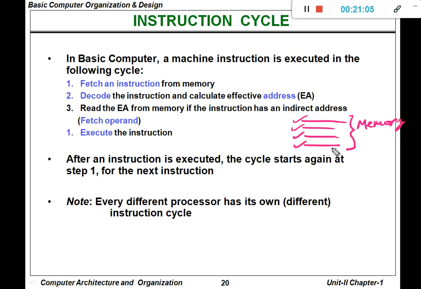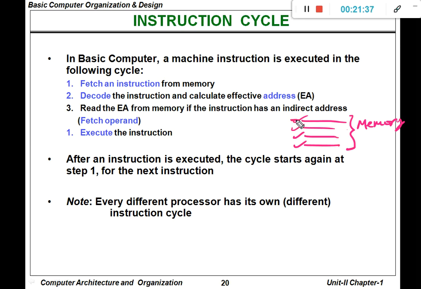The instructions that are stored in the memory will be fetched to the processor registers, and then they will be executed in a sequential fashion. Okay, that is the case. So how are these instructions fetched and executed? What is the instruction cycle? We need to know that particular instruction cycle for each and every instruction.